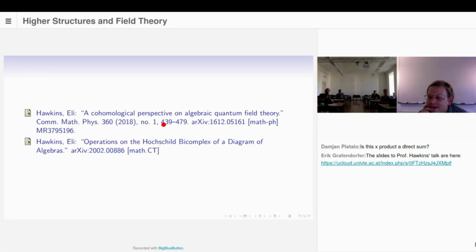In the BV language, one can also consider deformations of field theories in the corresponding homologies. Is it related in some way to what you do? Probably.